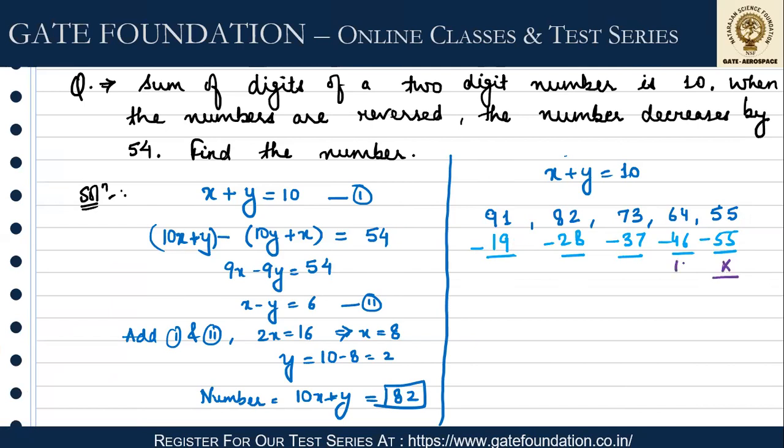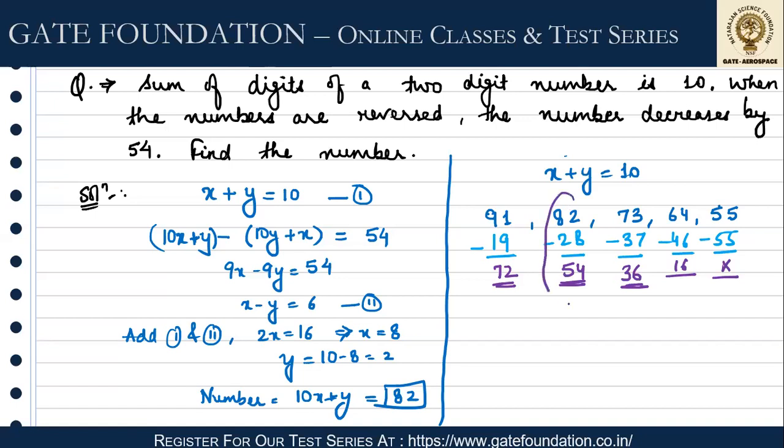In this case, the answer will be 16, so this is not going to be the answer. In this case, the answer becomes 36, which is also not the answer. This becomes 54. Yes, this is the correct answer. And in this case, it will become 72. So out of this, we know that after reversing, it decreases by 54.